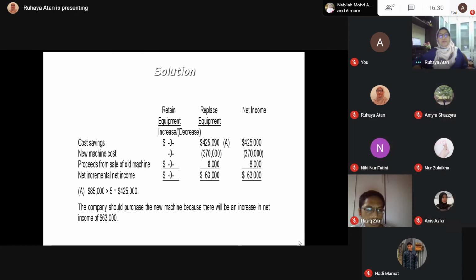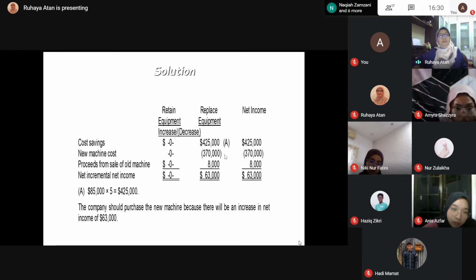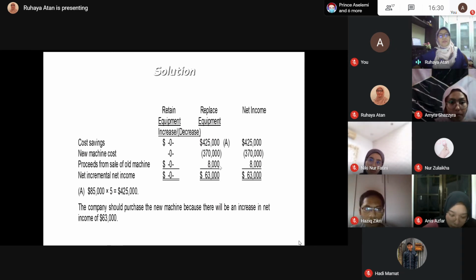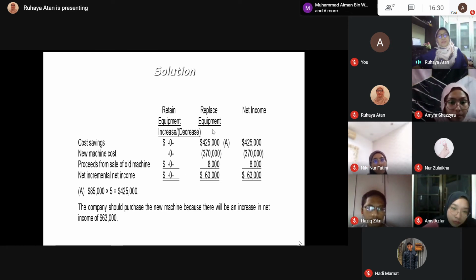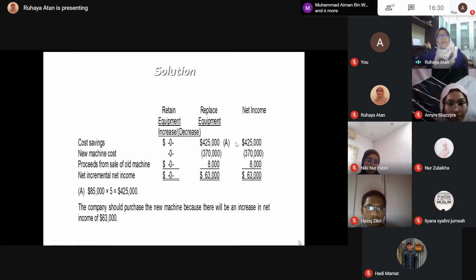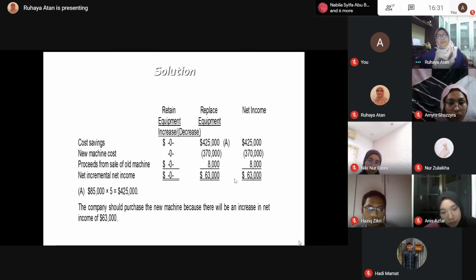But you will have to pay 370,000 for the new machine, and at the same time, you can knock off some of the amount from the sale of the old machine. If you retain, there is no incremental cost involved, no difference. So you just take the incremental value from the relevant costs to replace the equipment.